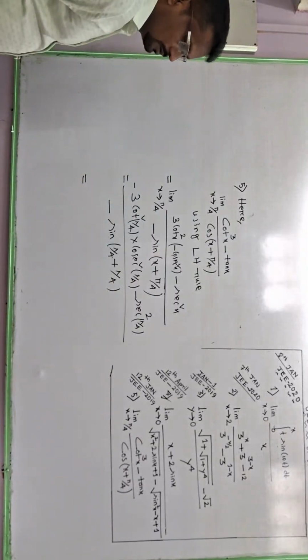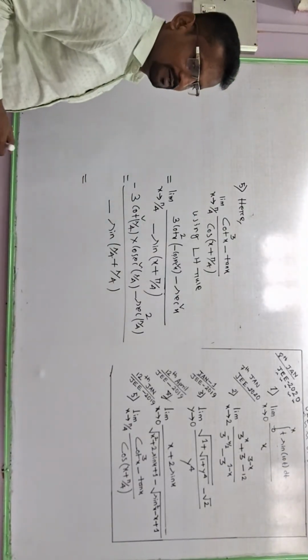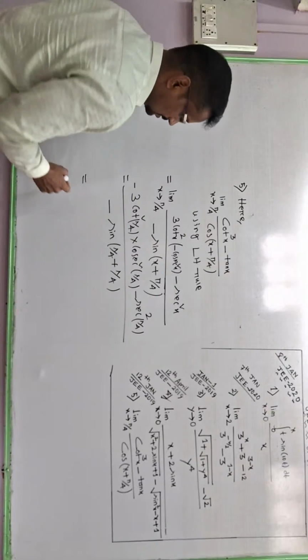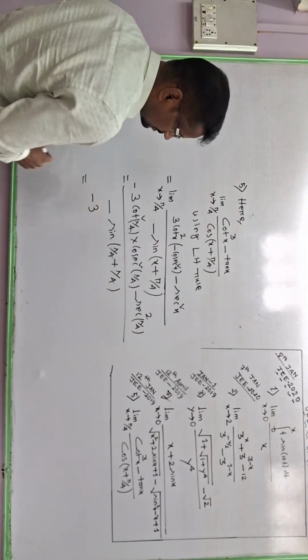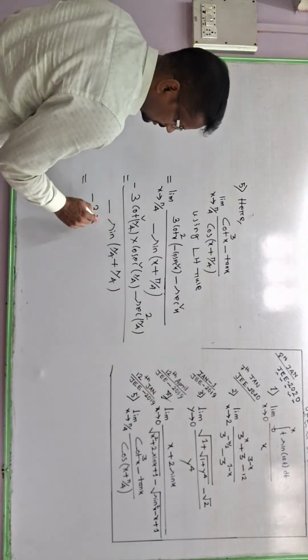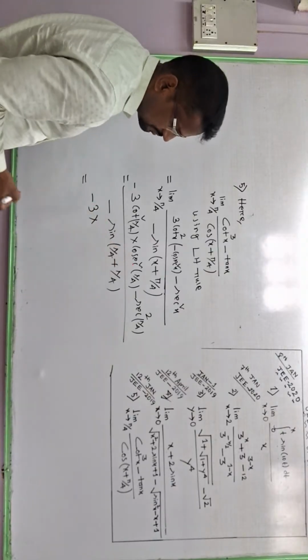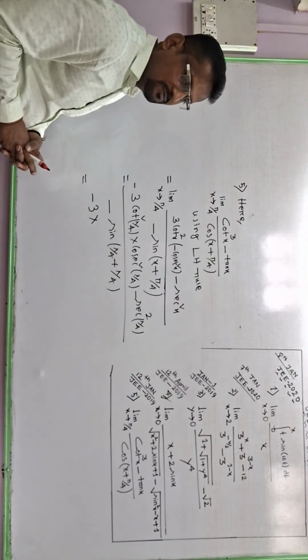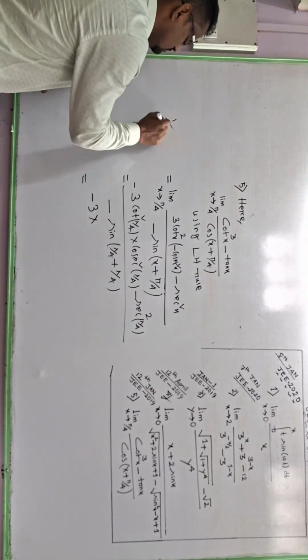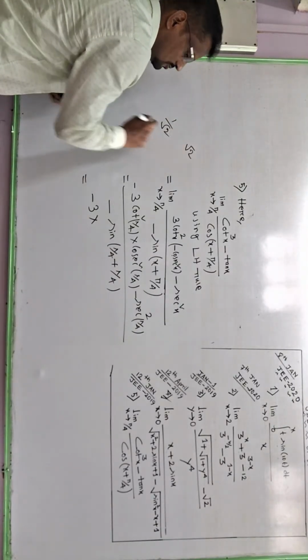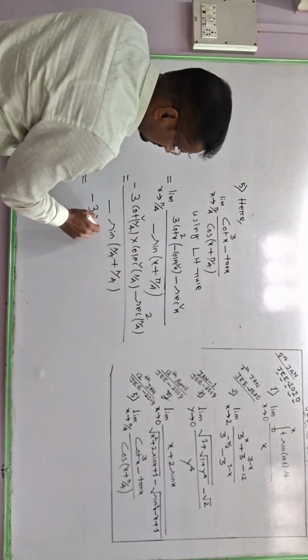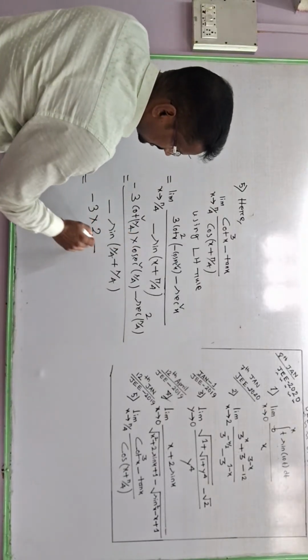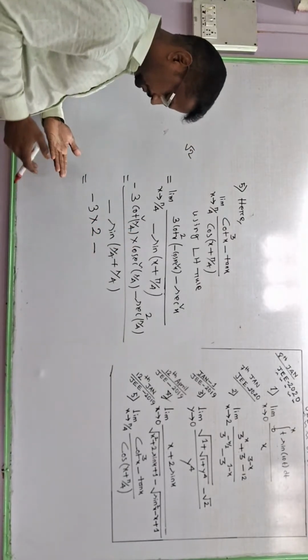Cot pi by 4, that is 45 degree, is 1. So that's why it will be minus 3, and into cosec 45 degree. Sin 45 degree is 1 by root 2, cosec 45 is root 2, so the square is 2.